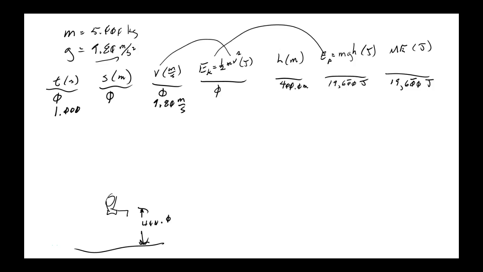Now, to get the S, I probably should have put this one in here. They give you the formula up in the thing above. In column 2, use S is equal to 1/2 gt squared, where g is the acceleration due to gravity. So if g is 9.8, half of that is 4.9, and then 1 second squared is 1.